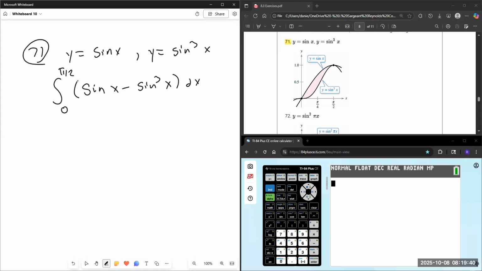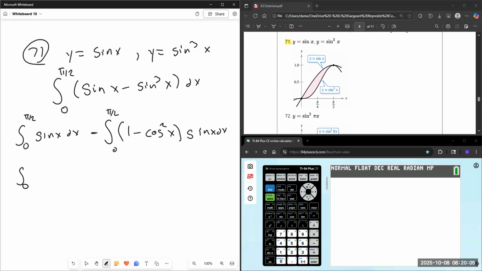So this is going to be the integral from 0 to pi over 2 of sine x dx. That one's pretty basic. Then the integral from 0 to pi over 2 of sine cubed: I'm going to have to hold out a sine x and change the rest to 1 minus cosine squared x.